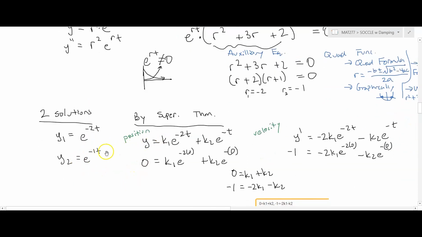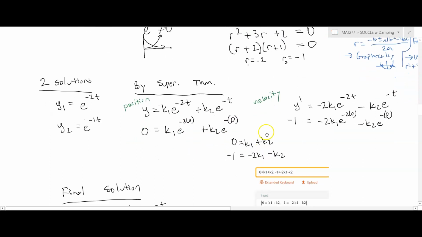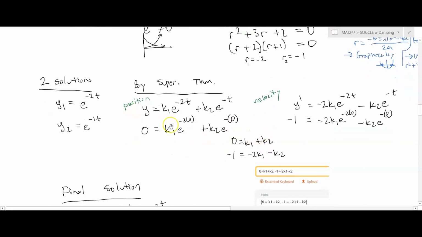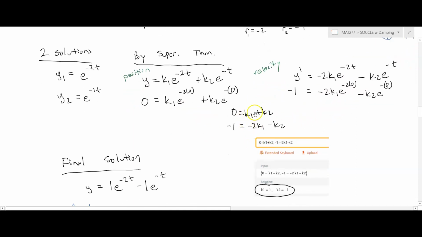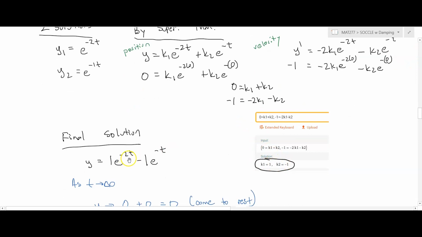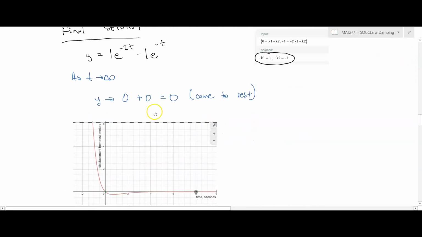By the superposition theorem, if you're dealing with a homogeneous differential equation, their sum is also a solution, and any constant multiple of the first function plus any constant multiple of the second function is a solution. And then we just used our position initial condition to form one of our equations. We had to take the derivative to get the velocity function, find the values of k1 and k2 that made both of those true, and we had our final solution that was then graphable.